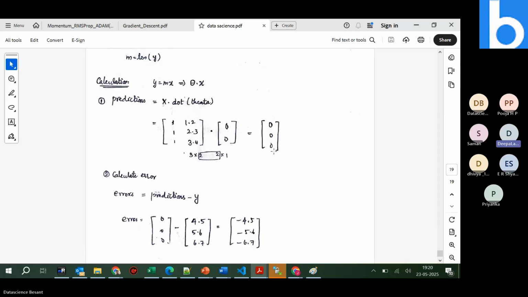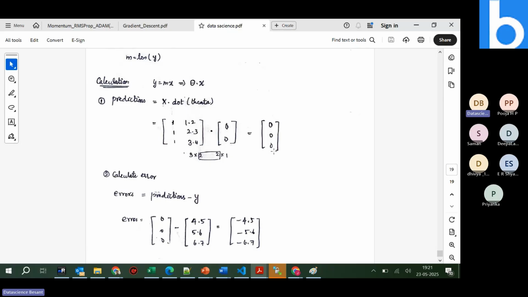So can you show me how we are getting this 3 into 2, like you have written at the bottom of the matrix? Can you please write it down and show us? Well, what do you want me to show? Now how we are getting this one column with 3 rows with the values 0, 0, 0. That is matrix multiplication.